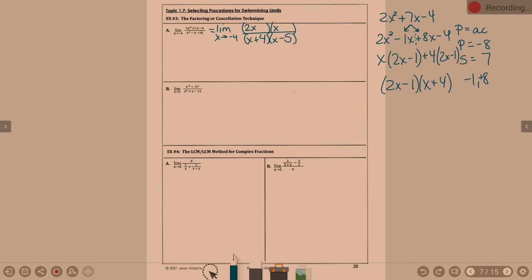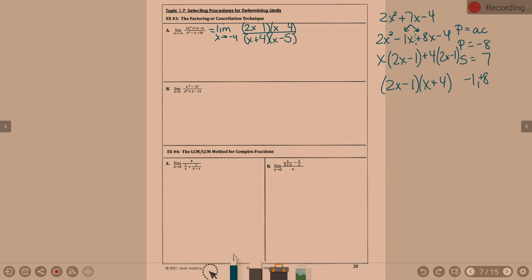I have a 50-50 shot. Here's where my brain says, oh wait, I already factored the denominator. What do we notice about the denominator? There could be a 4 involved. The 5 doesn't help me, but should I try the 1 and 4 maybe? That's where my brain would go with this. Oh, 1 and 4. Well, then I'm going to put the 1 with the 2x, the 4 over here. Let's see if it works out. That's what my brain does to avoid doing product of AC.